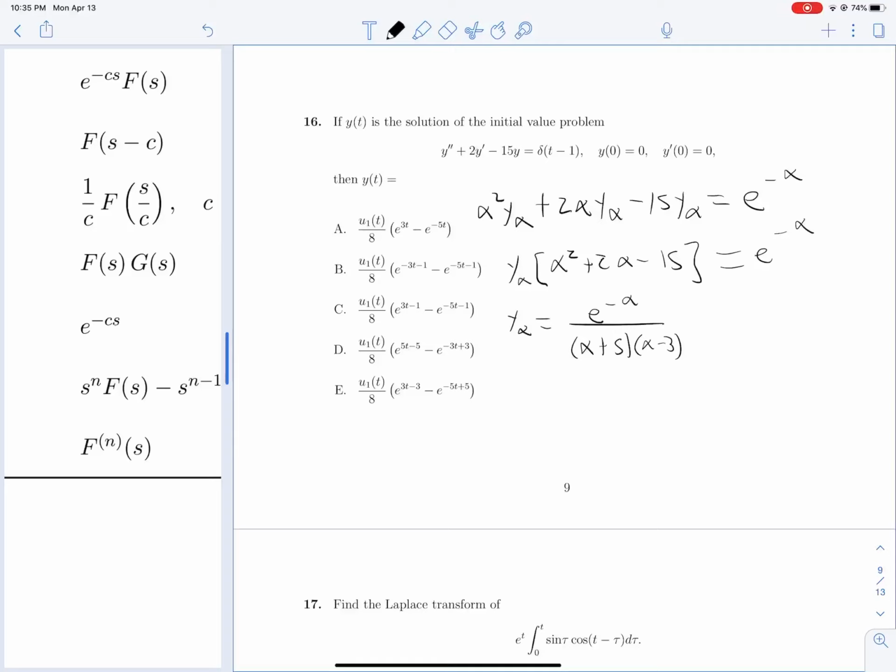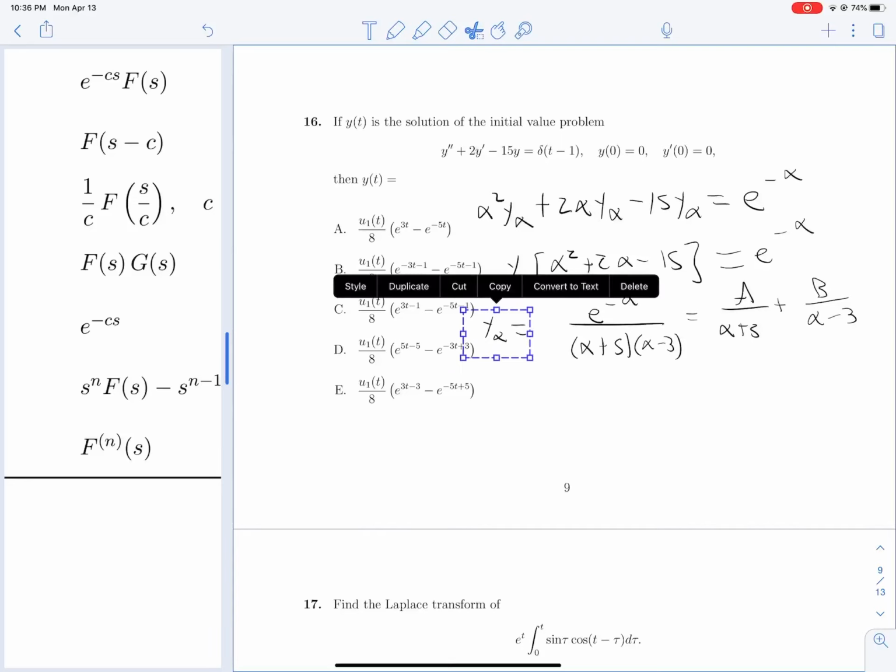We can set this equal to a over alpha plus 5 plus b over alpha minus 3. And just to make things a little more clear, let's factor out our e to the negative alpha at this point. So we have 1 over the quantity, multiplied by e to the negative alpha.